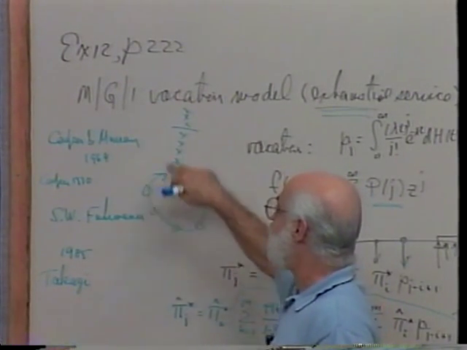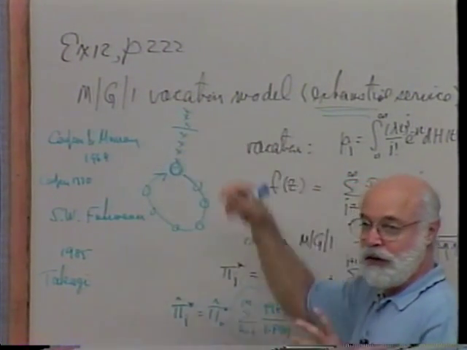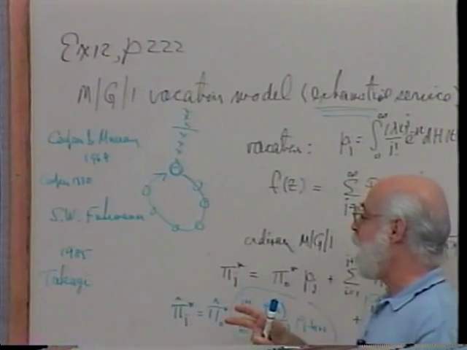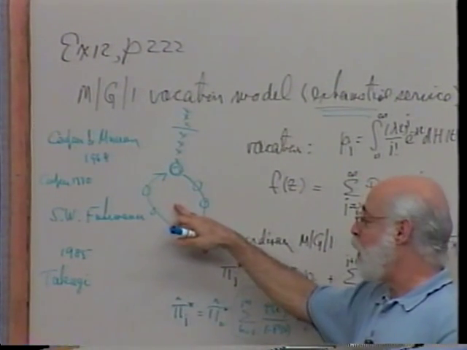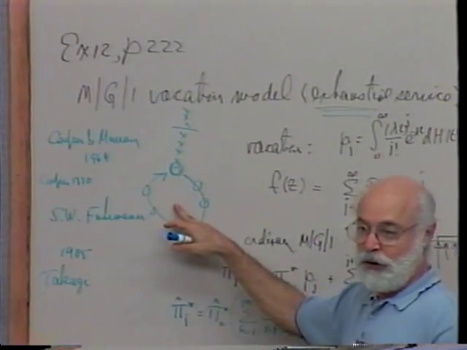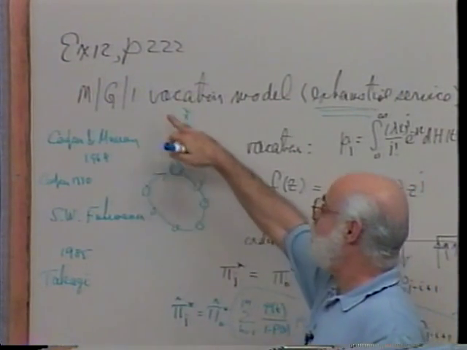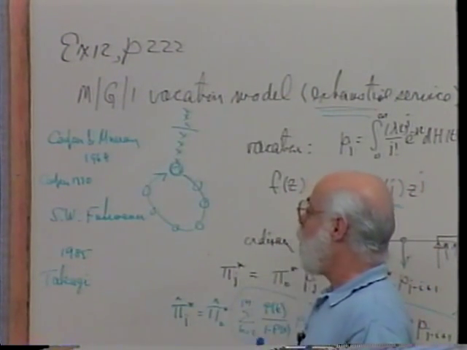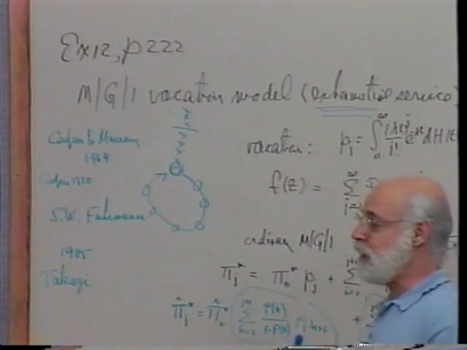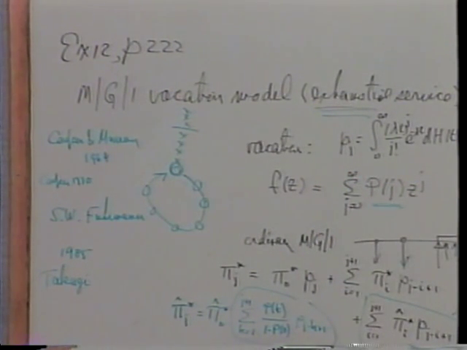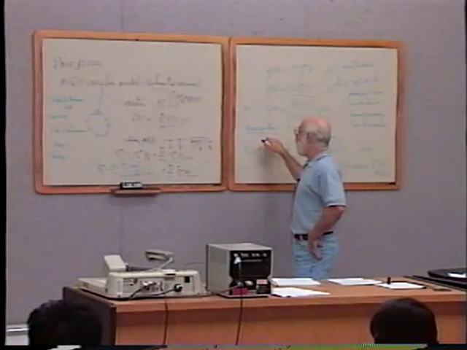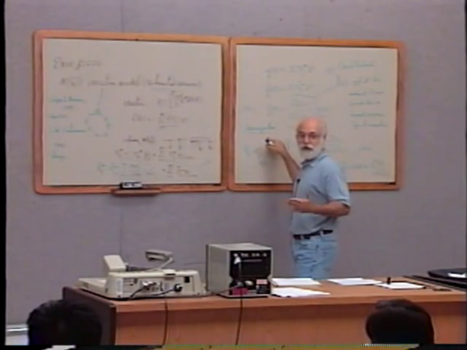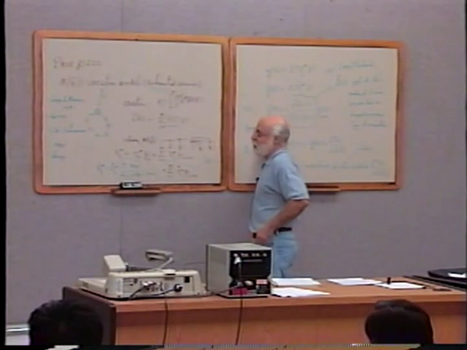One is the mathematical result with vacation models that allows you to separate things, and that allows you to solve polling models, and polling models have important applications. So from the viewpoint of vacation models, you've got questions of mathematical interest, because there are other kinds of vacation models now. This can go on endlessly. The question is, in general, when does decomposition occur and when doesn't it occur, and why, and what does it mean, and so forth.